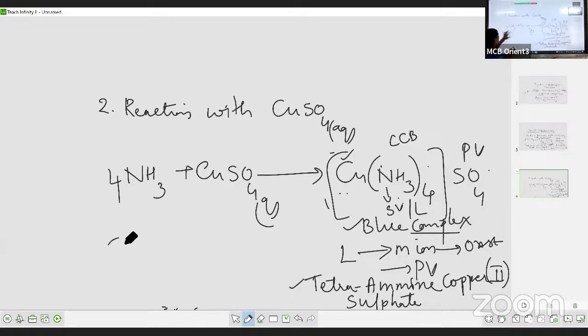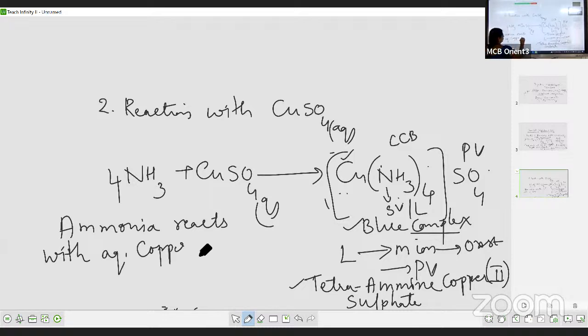What is the statement here? Ammonia reacts with aqueous copper sulfate to give a blue complex.